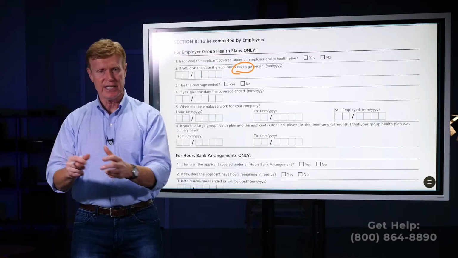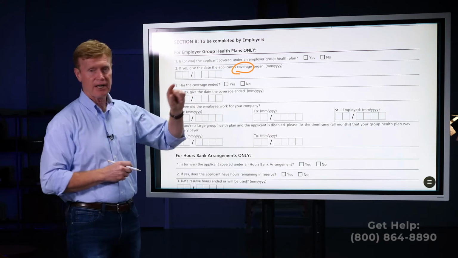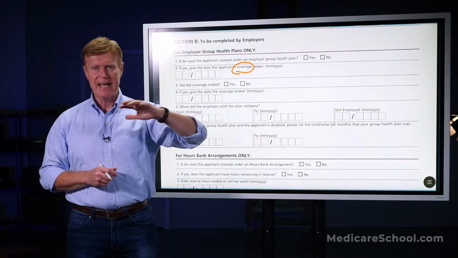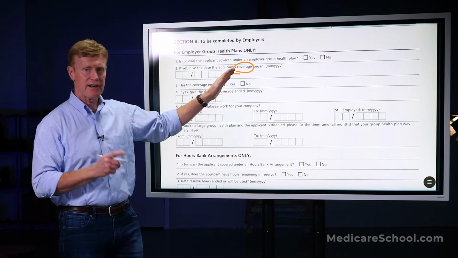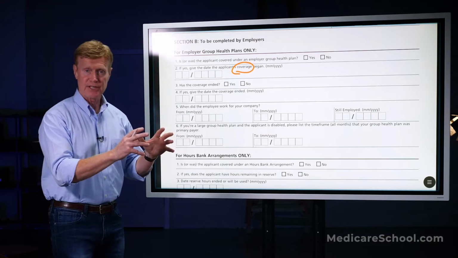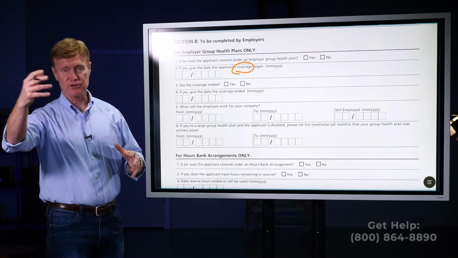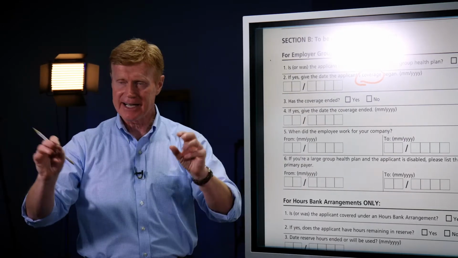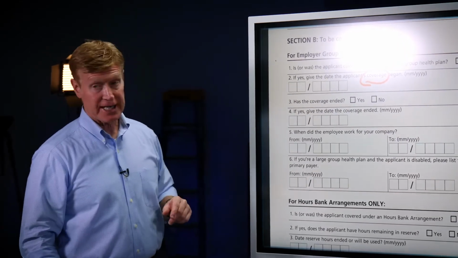That is not the question. It is when did you have coverage by the group health plan, regardless of the insurance carrier. That's not the issue. It is how long you've been covered by the group plan, which is typically when you started working at the company, or if it's your spouse, when your spouse lost their coverage and went on the group plan. Okay, so it's coverage, not carrier. So you want to be sure that they fill that out correctly.